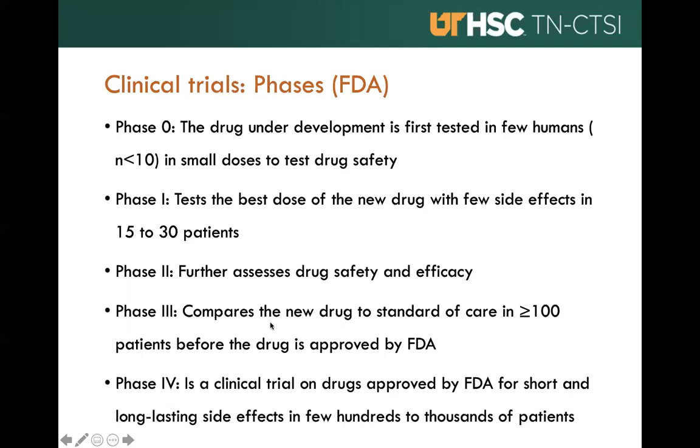The difference between the FDA and NIH clinical trial phases is that in the NIH clinical trial, we do not have phase 0, but start with phase 1. Even though the purposes are similar, the sample sizes are also different.